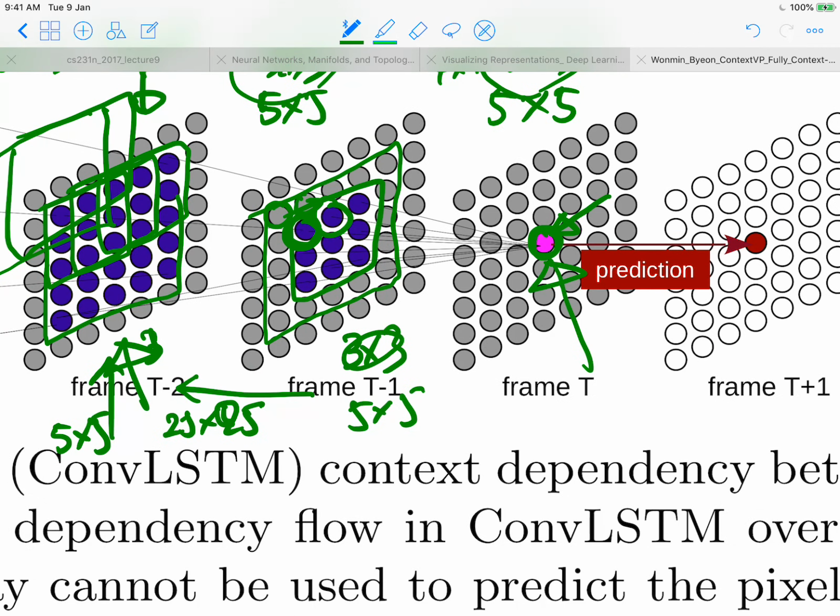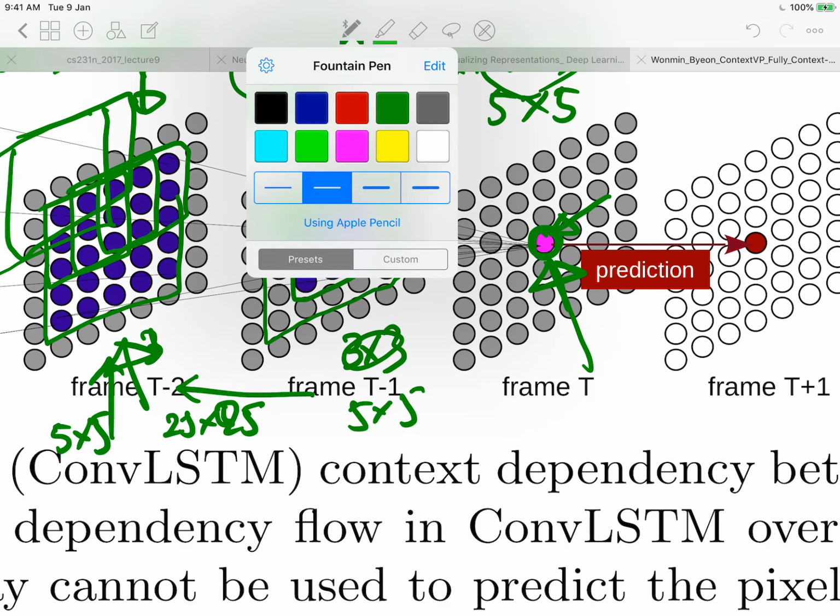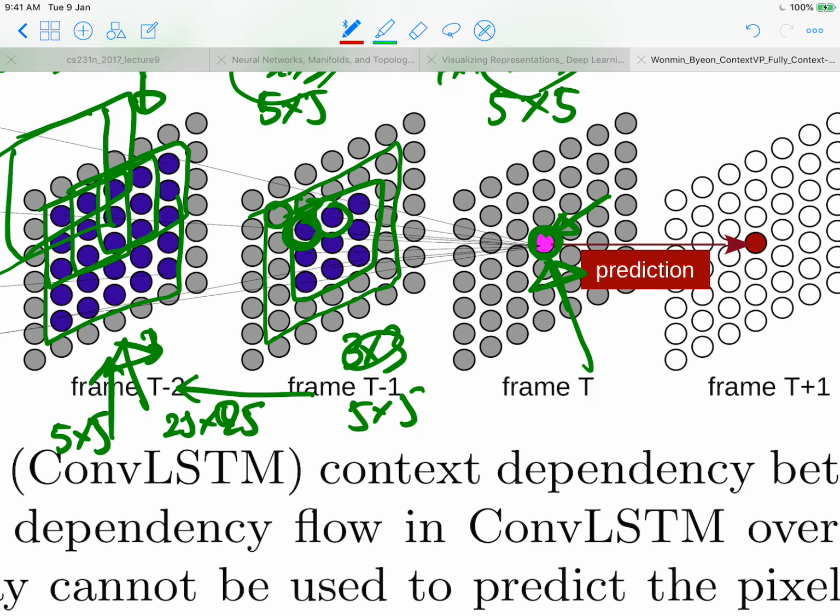Given a single pixel, we can think of this mapping from this point into this point. If our window size was 1 by 1, then our receptive field would just stay the same, as 1 by 1.